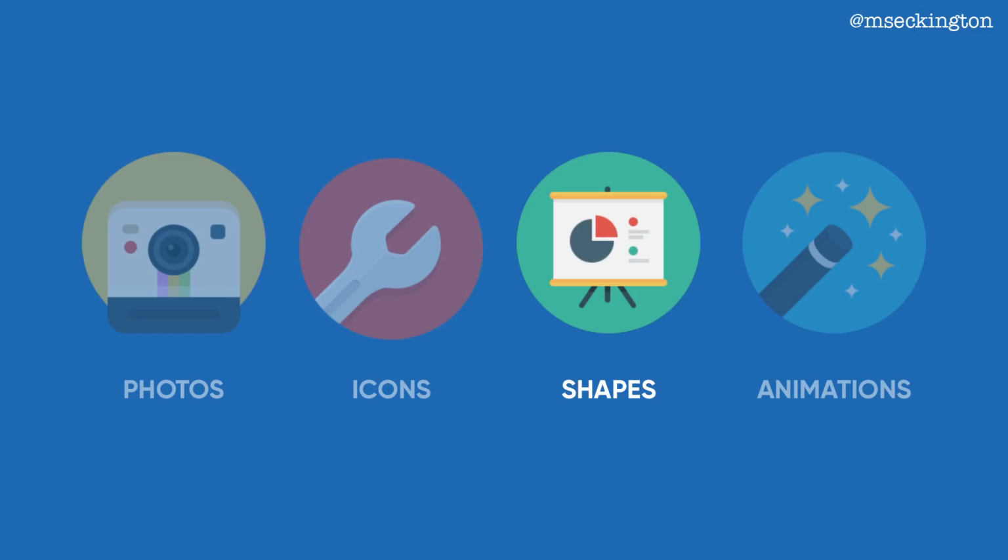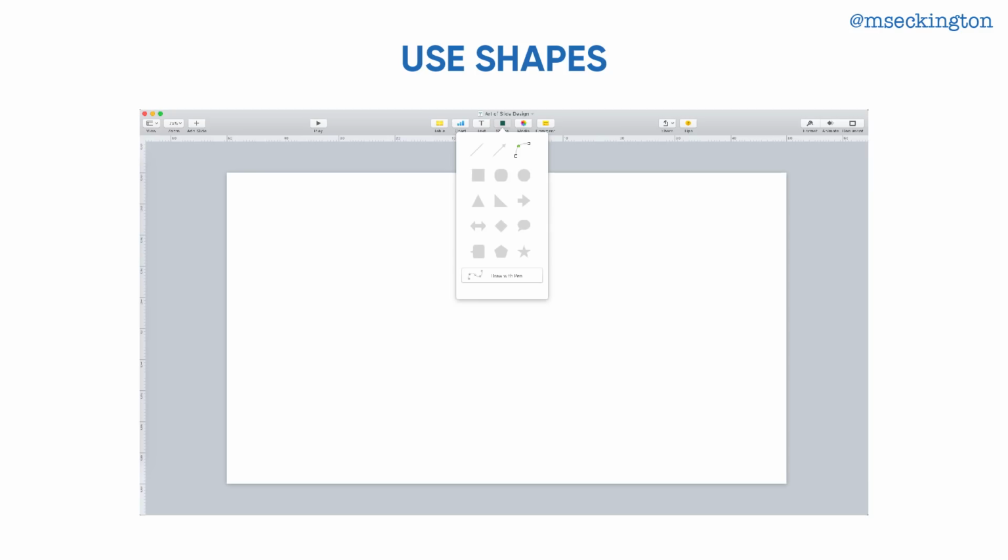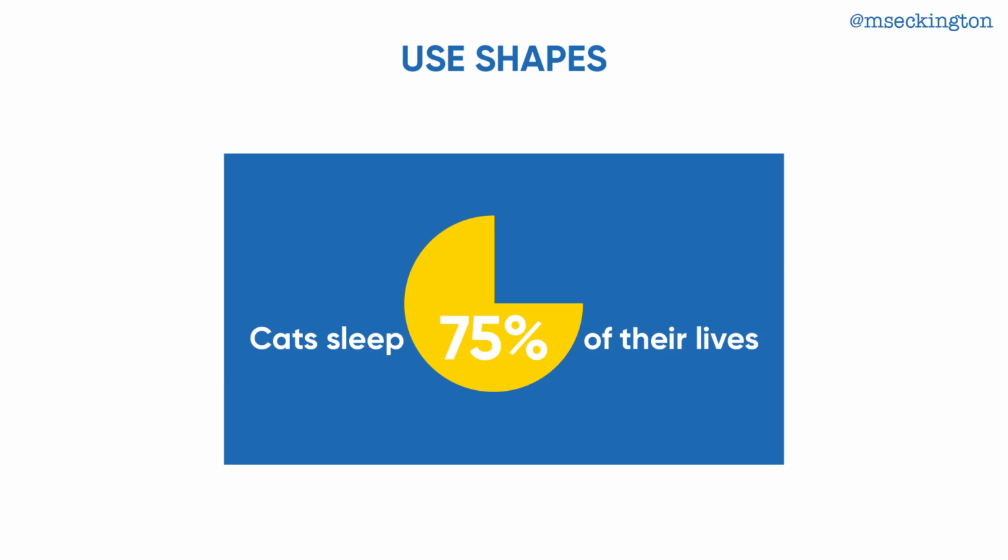A third way of adding visuals is using shapes. With shapes, I mean use the shapes that are built into your editor. So you can make lines, triangles, circles, squares, and you can achieve quite a lot when you start combining them to create interesting visuals for your slides. One example is to create simple pie charts.